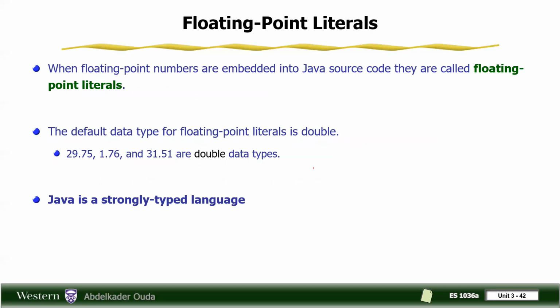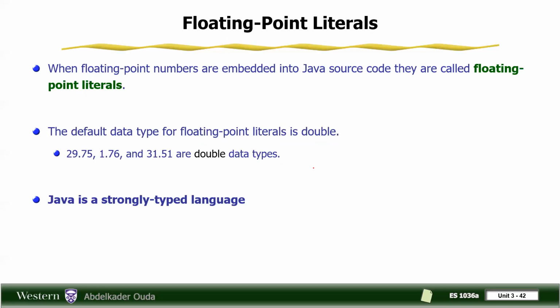When floating point numbers are embedded into Java source code, they are called floating point literals. The default data type for a floating point literal is double, not long or float.